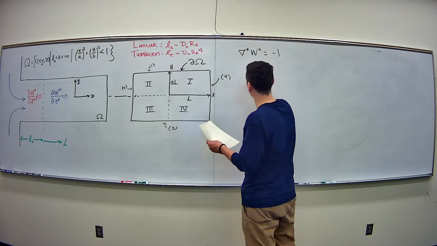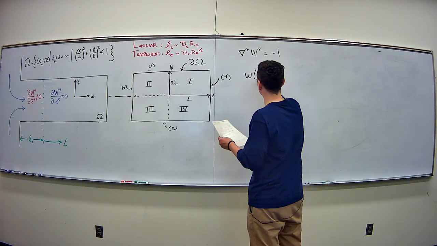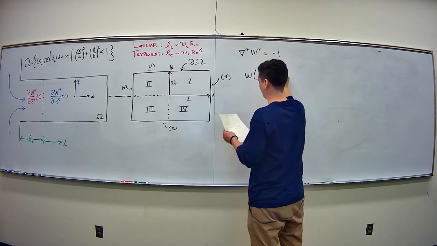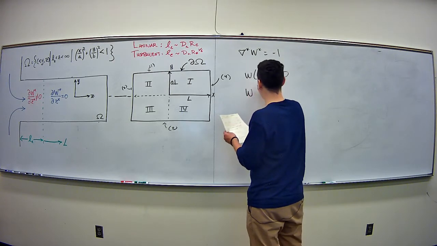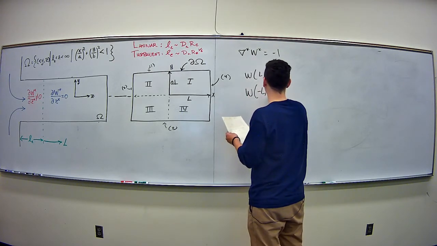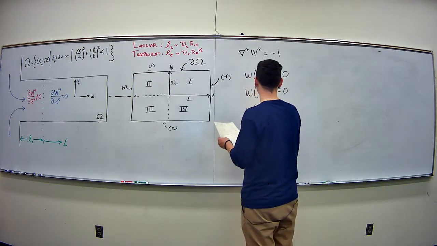So what does that look like? At x equal to L, for all y, 0. Before, I have these 4 boundary conditions.